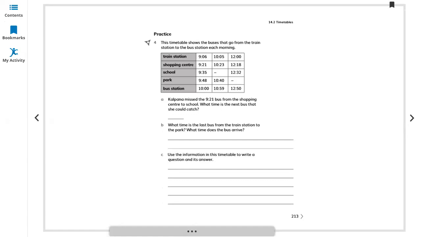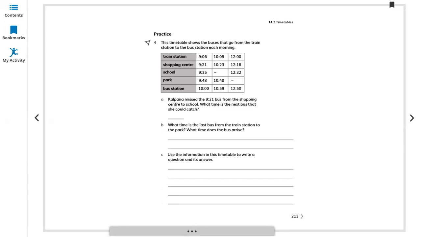This timetable shows the buses that go from the train station to the bus station each morning. So train station, shopping center, school, park, and bus station, with different timings. Kalpana missed the 9:21 bus from the shopping center to school. What time is the next bus that she could catch?